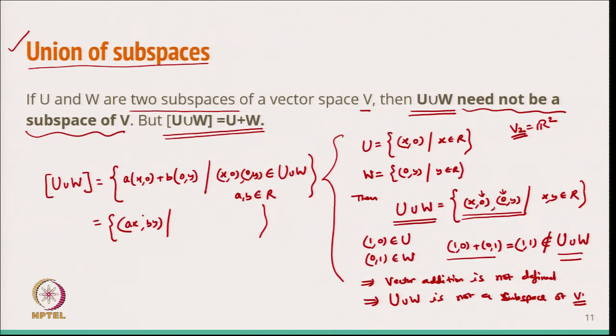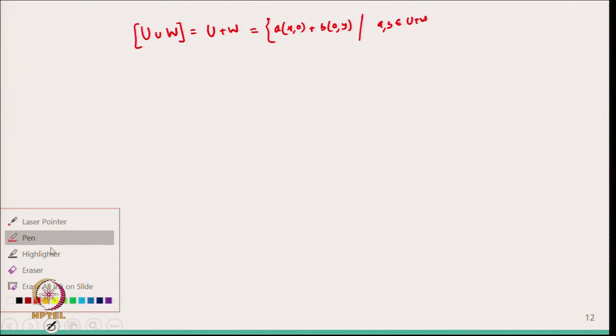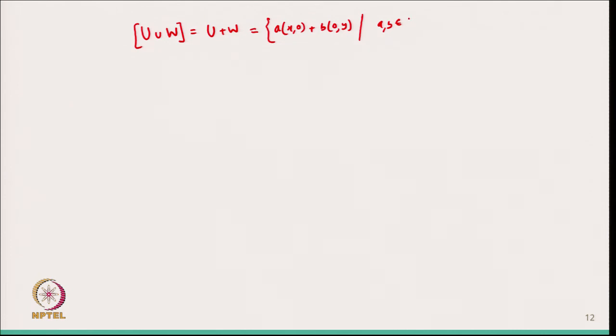Any element of the span of U union W will again be equal to U plus W, because the combination becomes an element a(x, 0) from U and an element b(0, y) from W, such that a, b belong to the field of real numbers, and (x, 0) belongs to U and (0, y) belongs to W.